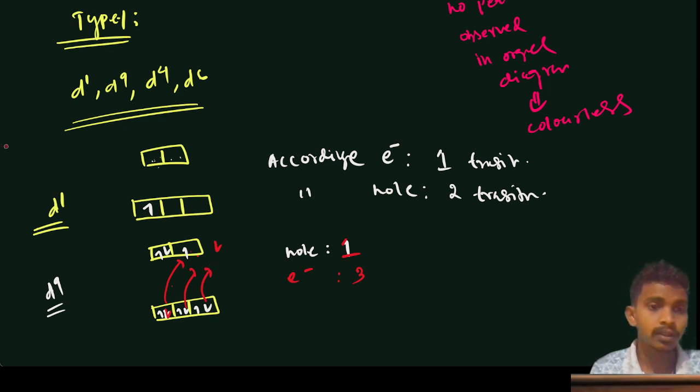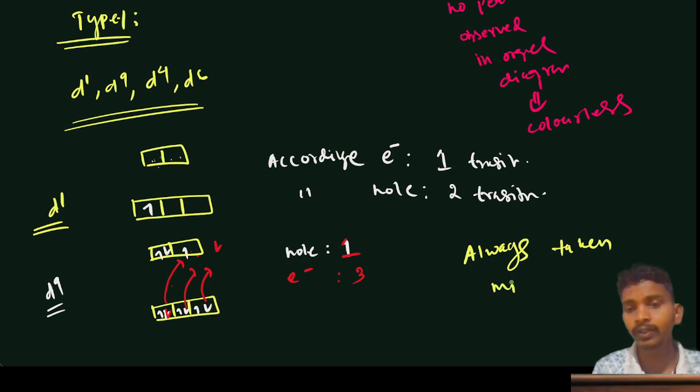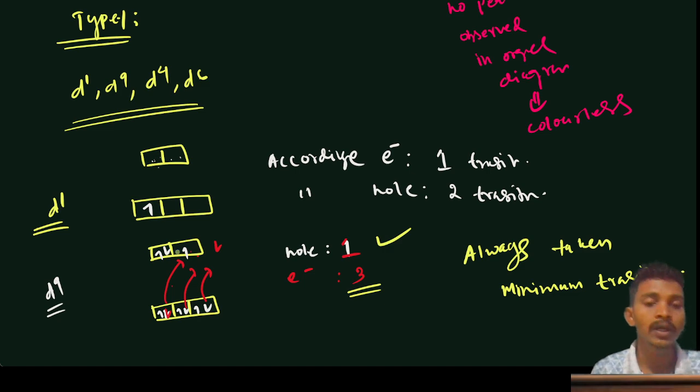So here, according to electrons 3 transitions, according to hole 1 transition, so we will talk according to the hole transitions, not electron transitions.